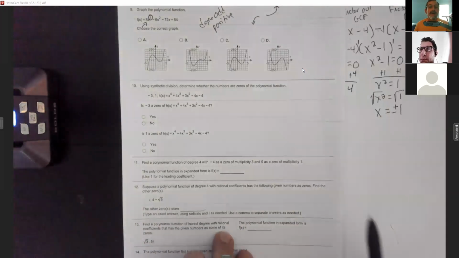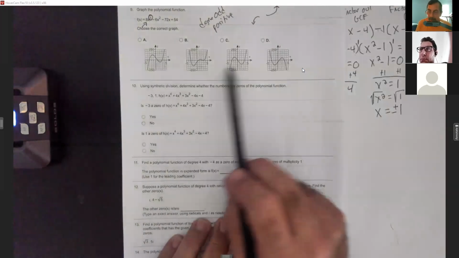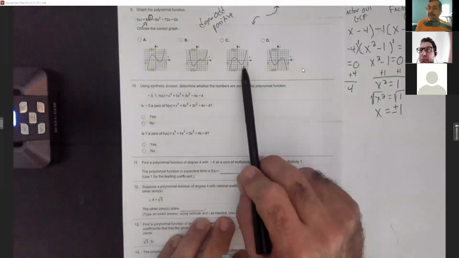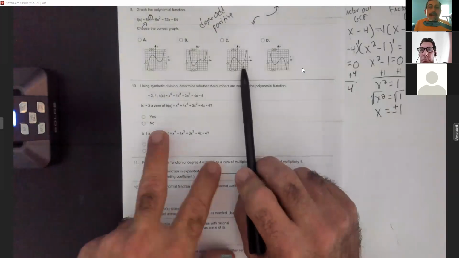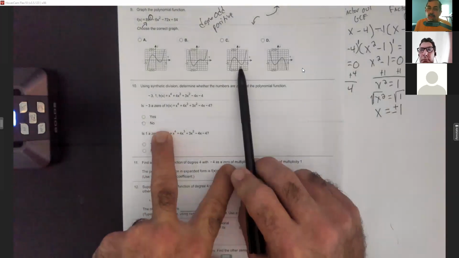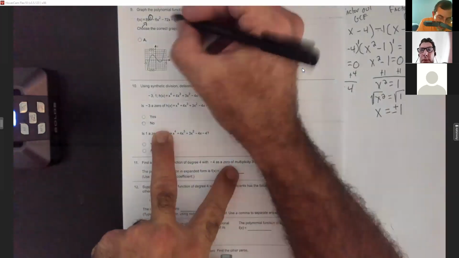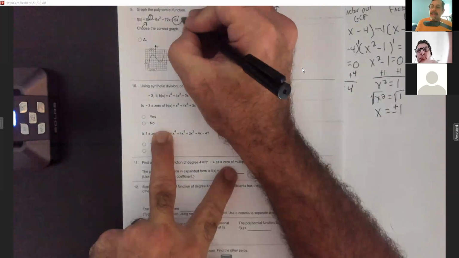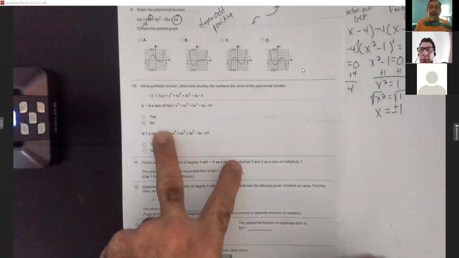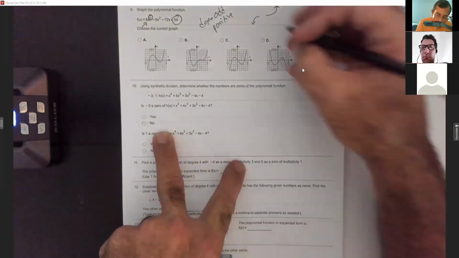But notice, you got 2 graphs that are going uphill left to right. So when the 2 graphs match, you got to look at the y-intercept. The y-intercept is that last number. So our y-intercept would be 54.